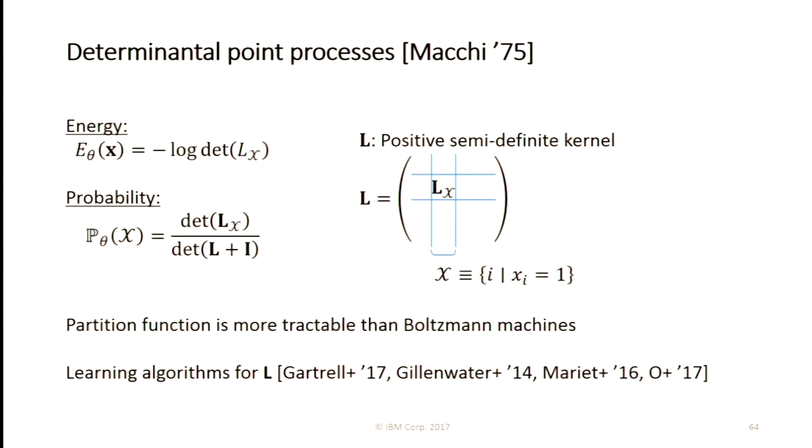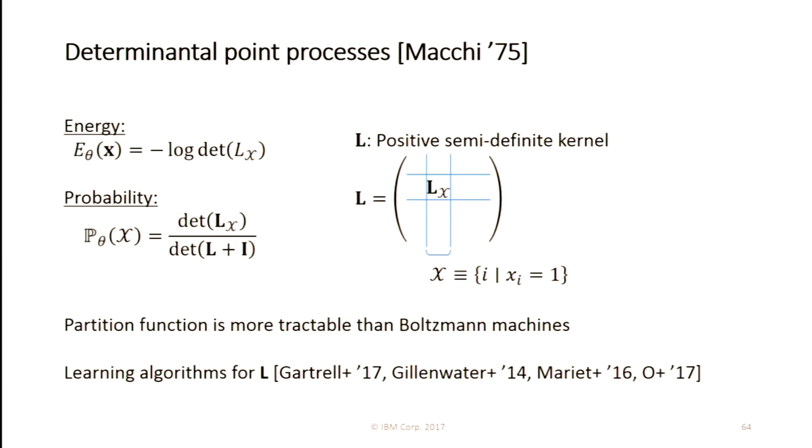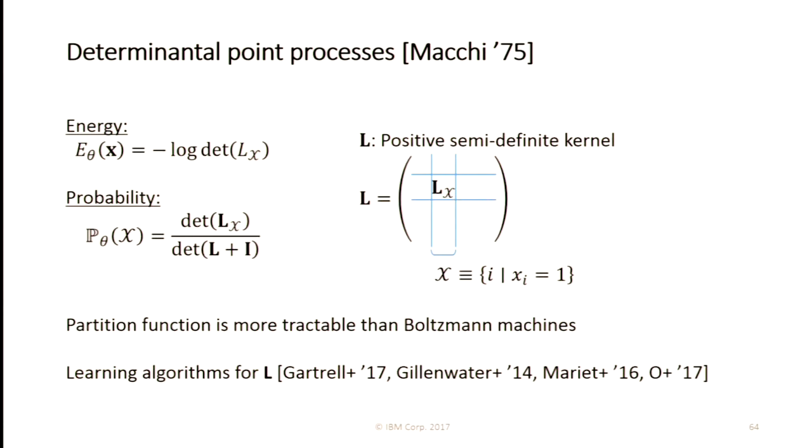If you define an energy as the log determinant of L_x, where L_x is a principal submatrix of the kernel matrix L, indexed by x, so that when x_i is 1, we include that row and column in the submatrix, then the probability distribution is defined like this.